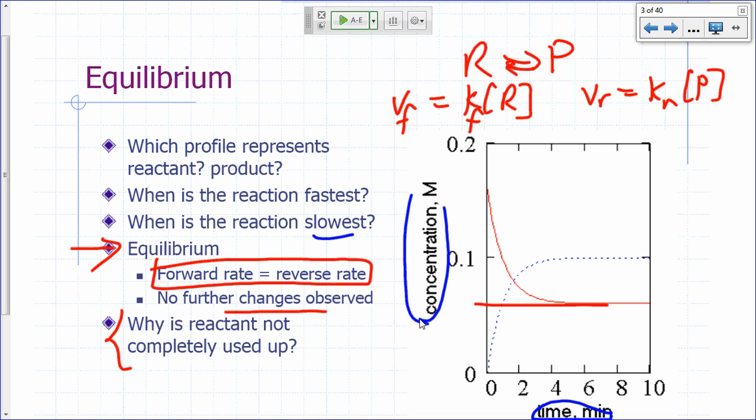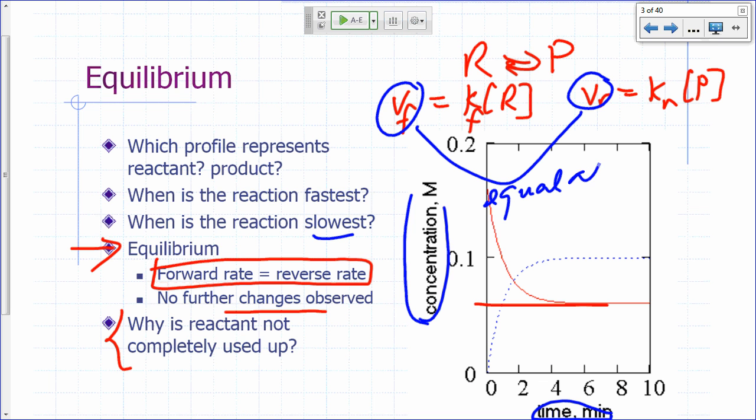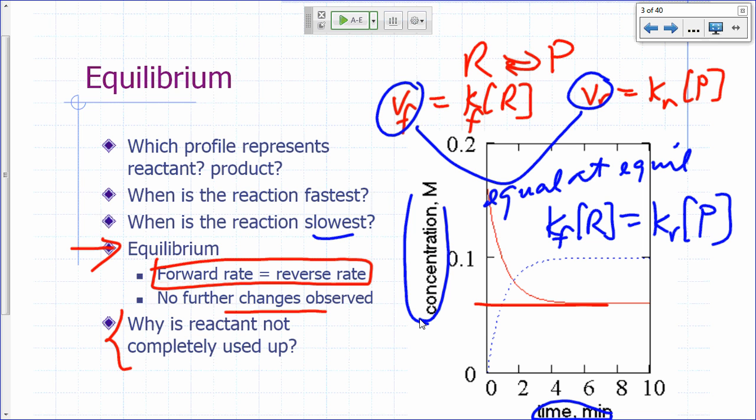We say at equilibrium, these two are equal. If those two are equal, then Kf times R must be equal to Kr times P at equilibrium. So Kf over Kr is equal to the concentration of P over the concentration of R.